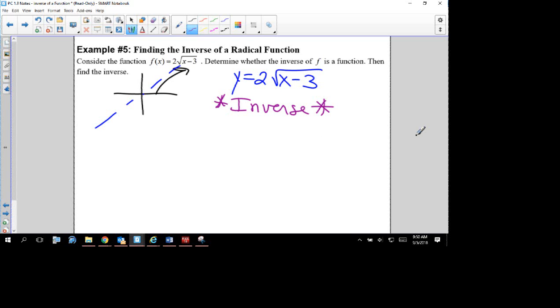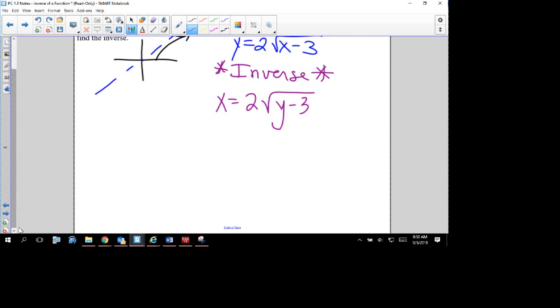Switch x and y. So I have now x equals 2 square root of y minus 3. All right, then we have to undo everything that's being done to the y so we can get y by itself. Divide by 2 or multiply by half, however you see it, it's fine.